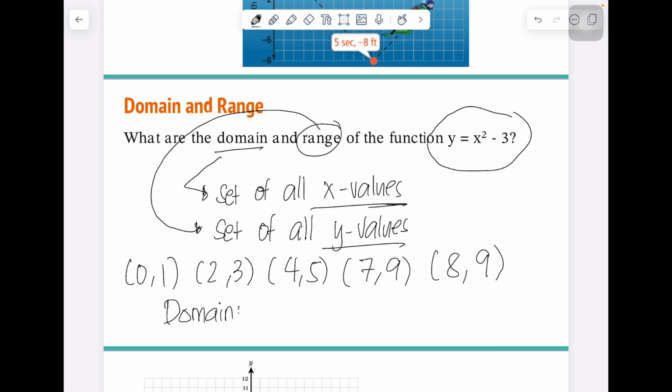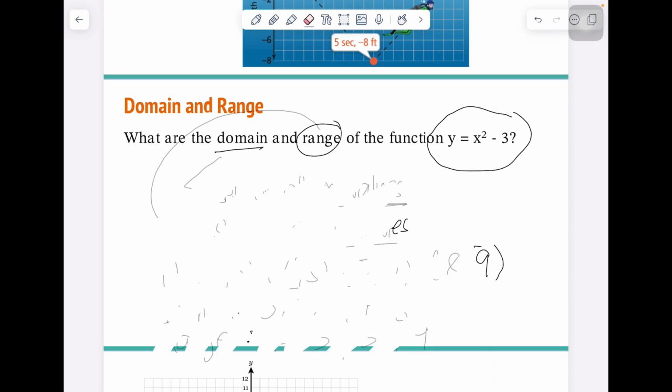Domain are your set of all x's. So 0, 2, 4, 7, and 8. And your range are the y values, which are 1, 3, 5, 9, and 9 is repeated, so we don't have to say it again. This is 1, 3, 5, and 9. So that is how you find the value of domain and range.